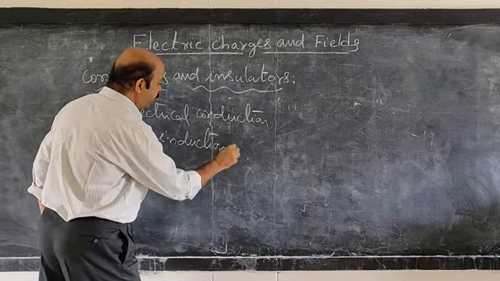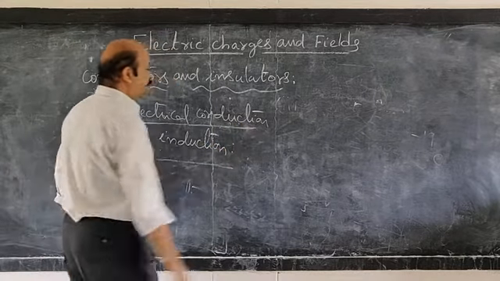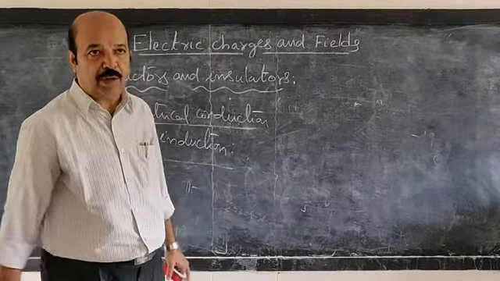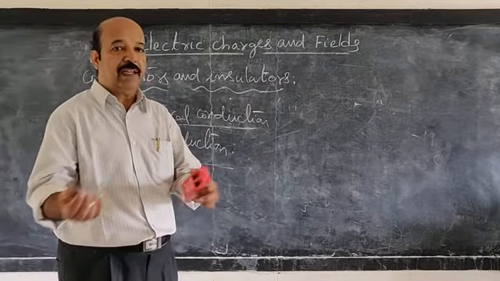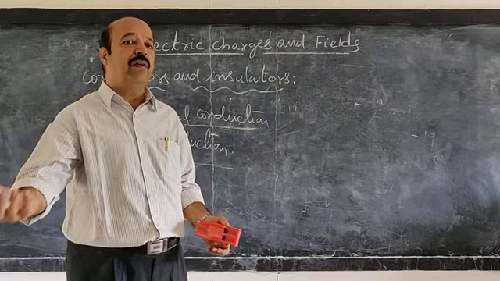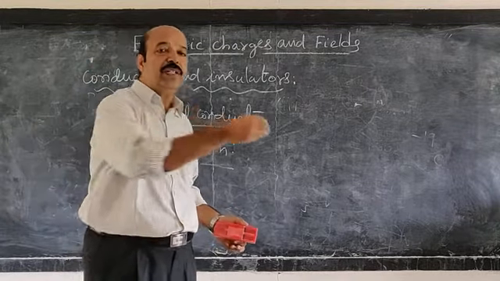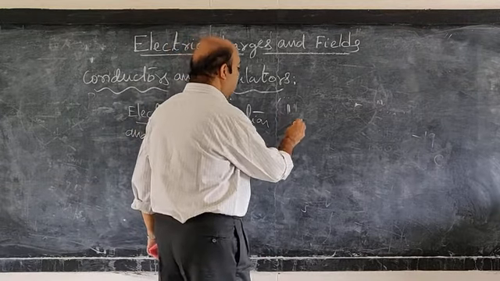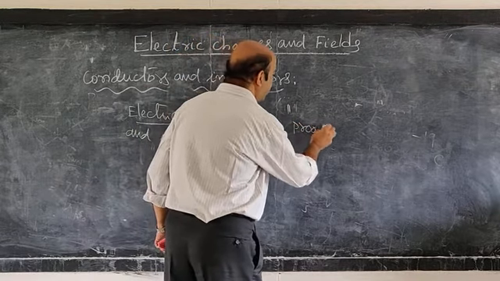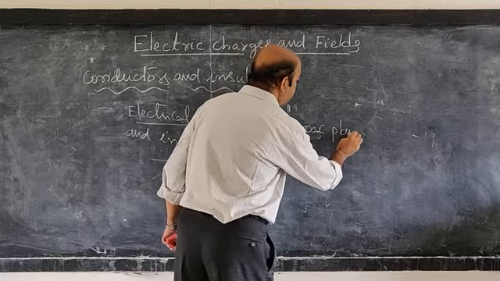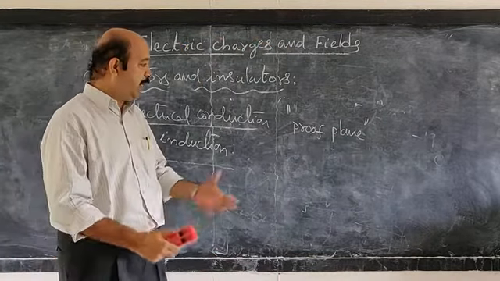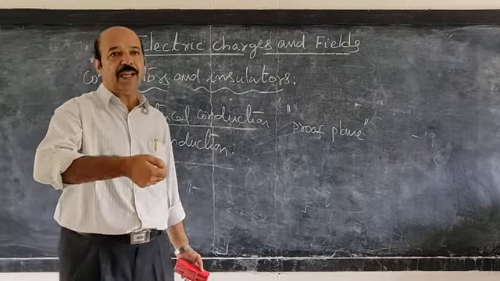Here, what does electrical conduction mean? If you want to charge a neutral body, you may carry the electrical charge from an already charged body to this neutral body. For that, a device called a proof plane is used. It is nothing but a metal plate provided with a wooden handle.